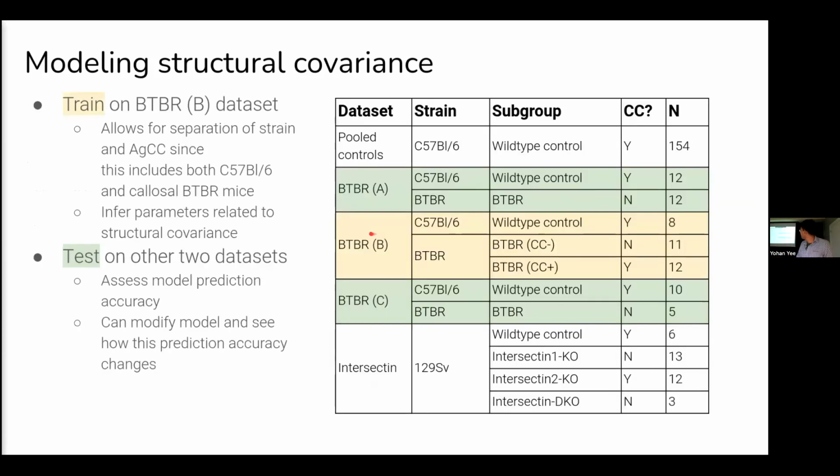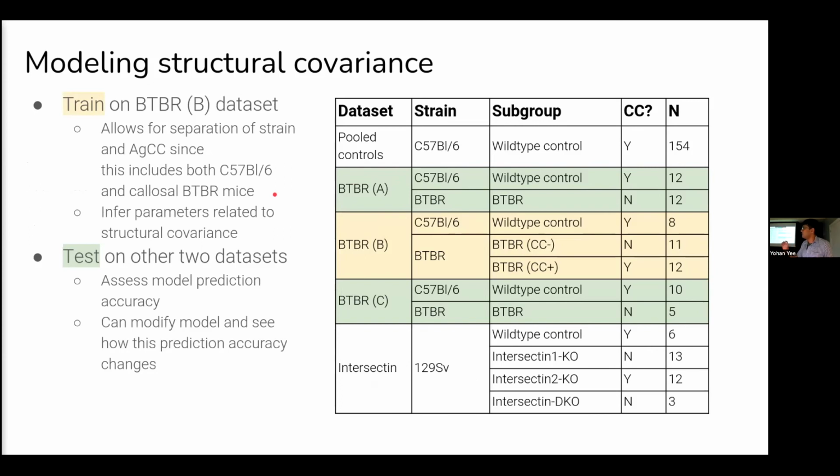So we trained the data on the BTBR data set in which we had both normal C57 black 6 controls, but also BTBR mice that had a corpus callosum and that did not. And the idea was that this allows us to separate the effect of strain from agenesis of the corpus callosum.